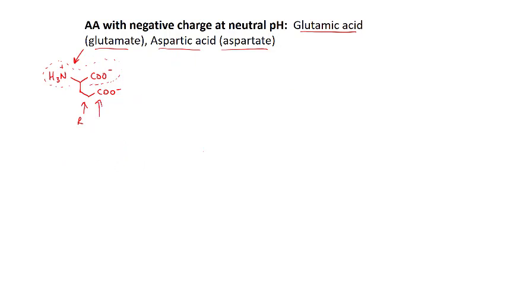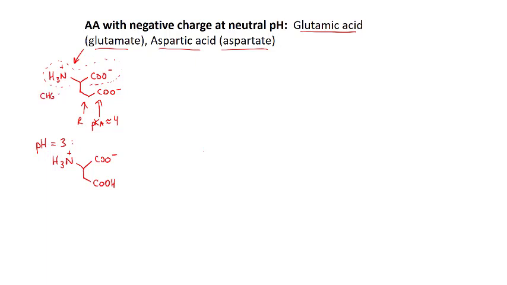So we already said that the side chain pKa for glutamates and aspartates is around 4. And what that means is that if your pH is below that pKa, we'll say our pH is about 3, the structure of our amino acid becomes this. And at a pH of 3, now what's the charge on our molecule?